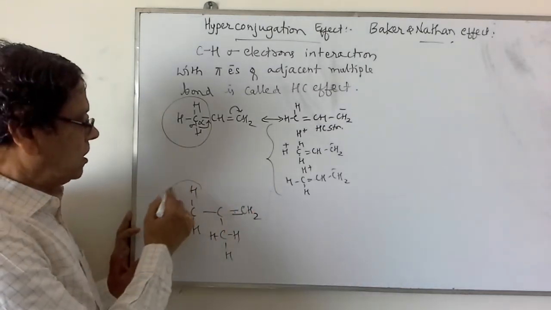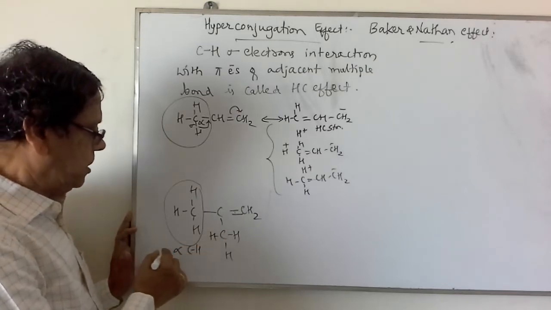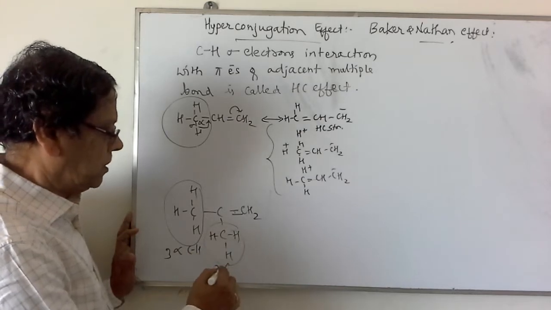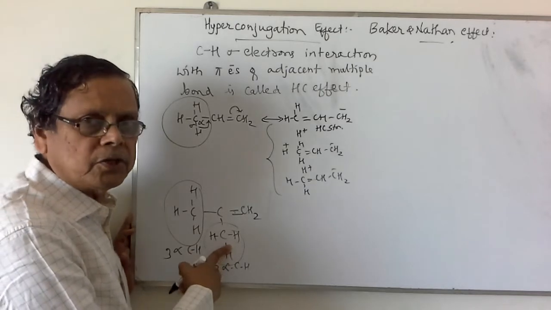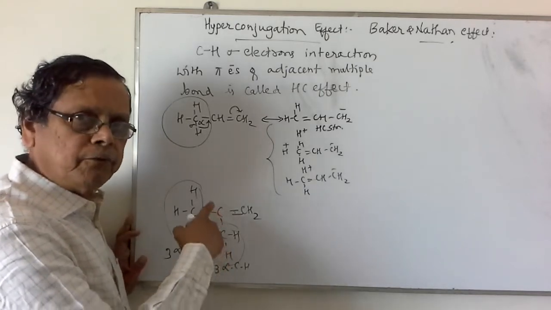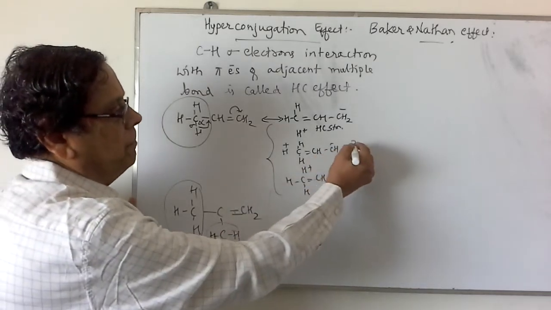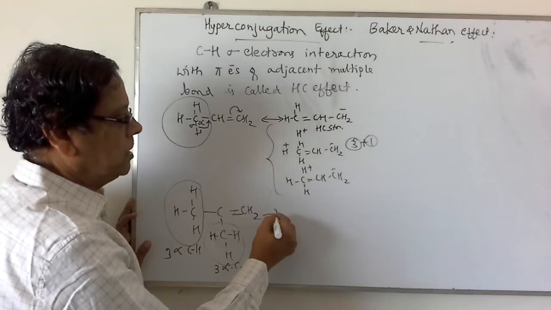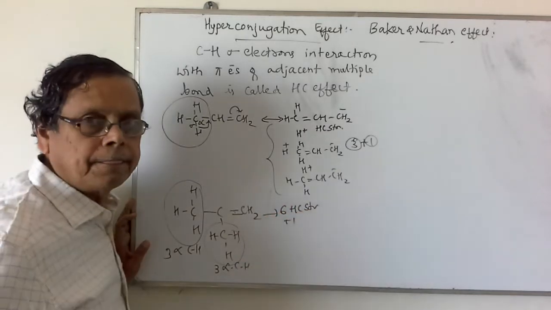Now this contains 3 alpha carbon-hydrogen bonds, and this contains 3 alpha carbon-hydrogen bonds. That's why totally 6 hyperconjugation structures are possible with the original one. Similarly, in the previous case it is 3 hyperconjugation structures plus the original one. In this case it gives rise to 6 hyperconjugation structures plus 1.